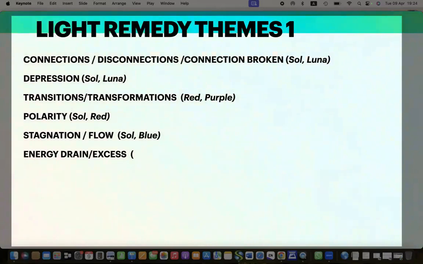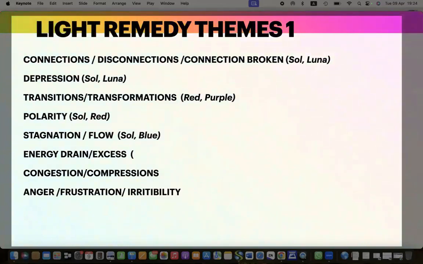I can't remember what remedies that was. In some organ systems, we see congestion and compressions, anger, frustration. Obviously, sleeplessness and insomnia is very big, and we'll be thinking now of that melatonin pathway, which needs a lot of sun in the day and a lot of dark, or when you talk about dark, no blue light at night in order to develop really strong melatonin.